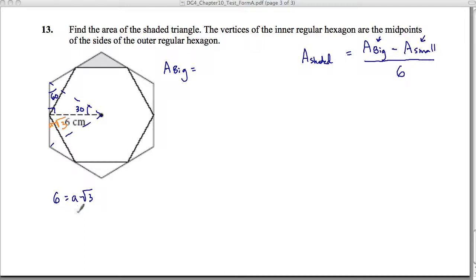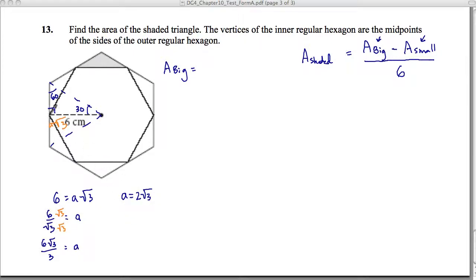Divide by square root 3 on both sides, and we get that a is equal to 6 over square root 3. But we could multiply by square root 3 on both sides, square root 3 times square root 3, to rationalize the denominator, and find that a is equal to 6 square root 3 over 3. Notice the 6 and the 3 cancel out, so we find that a in this case is equal to 2 square root 3.